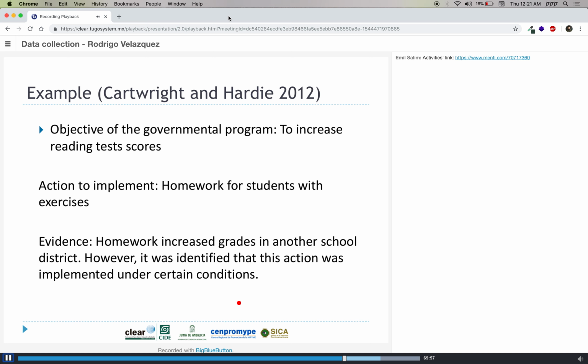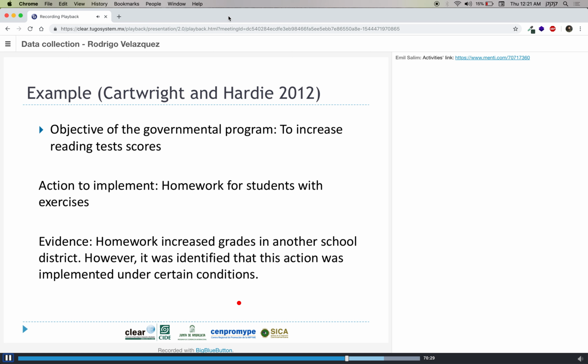And the evidence that led to this implementation was that this type of homework increased grades in another school district. So we're talking about school districts in the States. School districts comprise several schools, so it was identified that this type of homework increased grades.